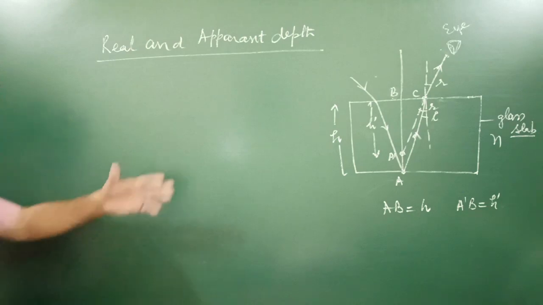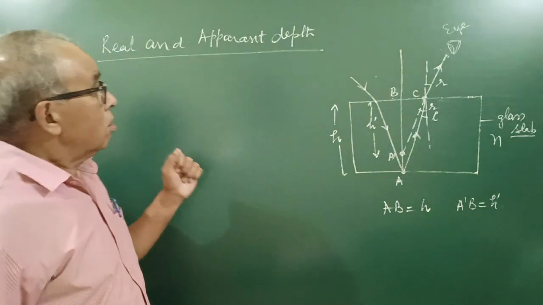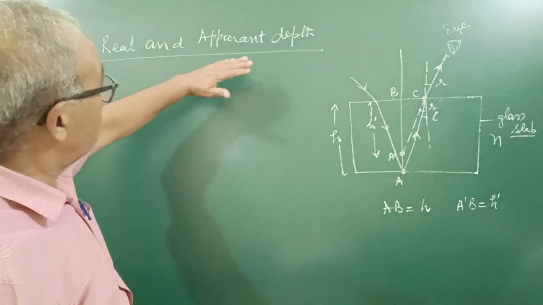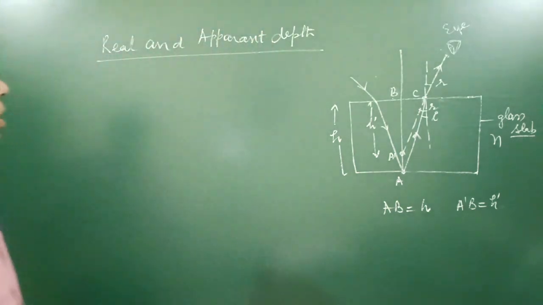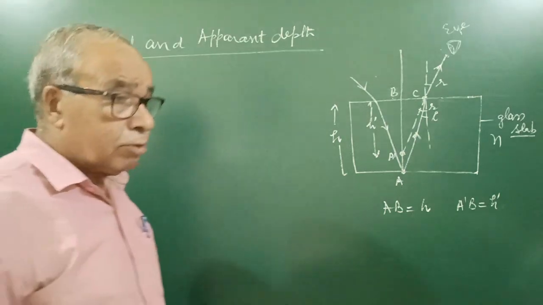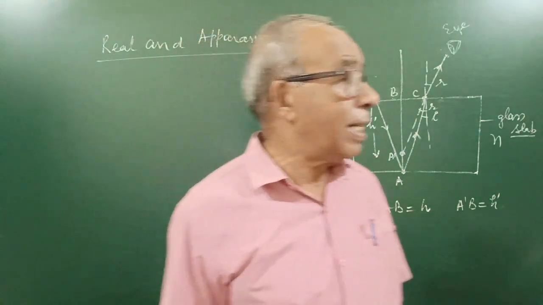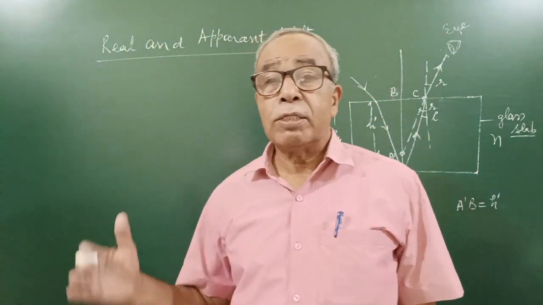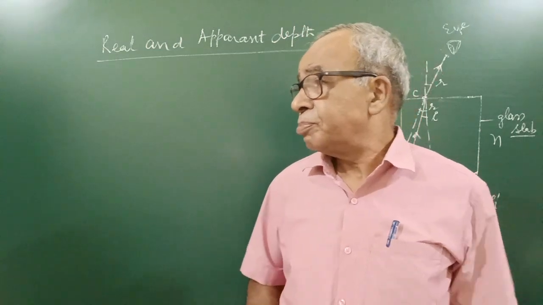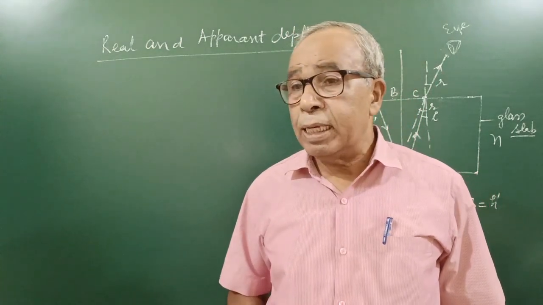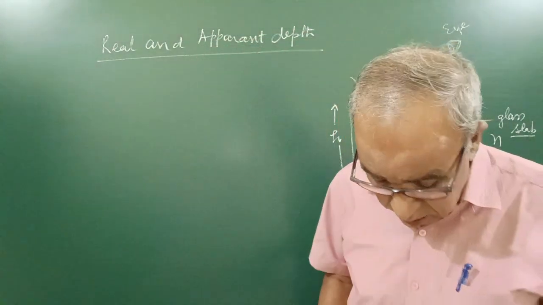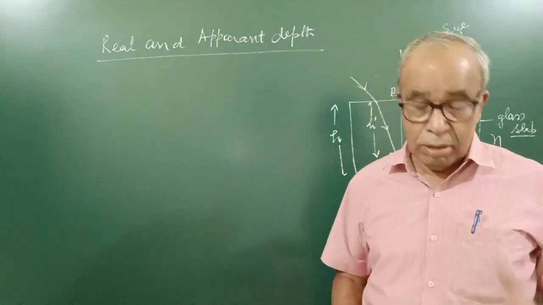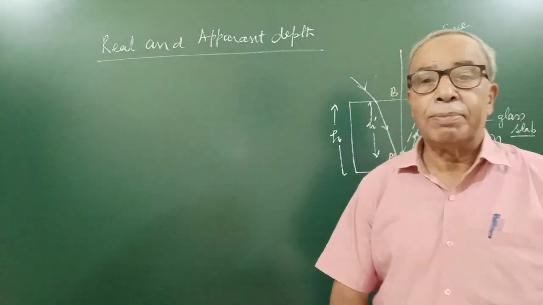Before critical angle I had to tell you this thing: the real and apparent depth. When you see any object below a certain denser medium, not exactly normally, then it appears at lesser depth than actual depth.